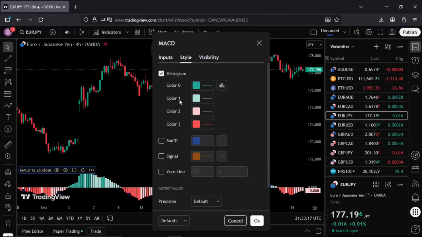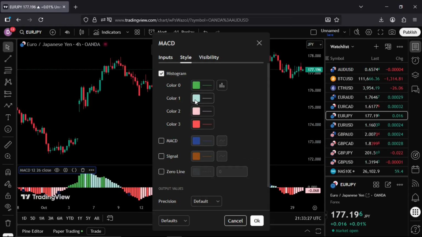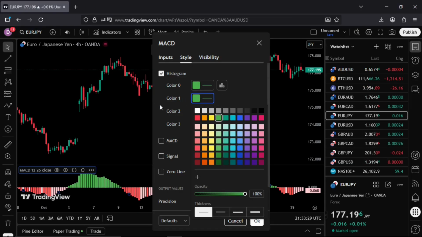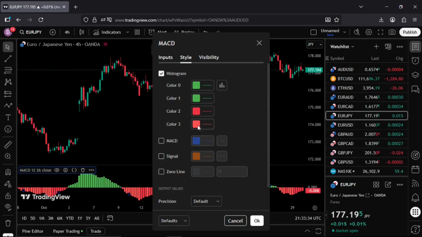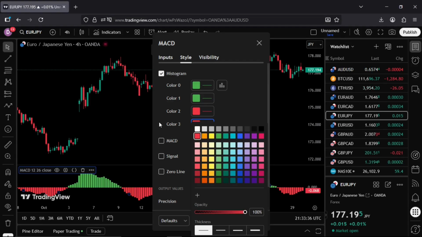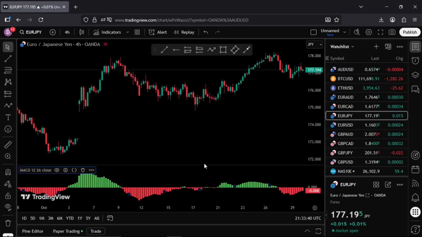What I mean by that is color 0 and color 1 will be the same color, and color 2 and color 3 will also be the same color. So I'll change this to green, and this to green as well. Those are matching now, so let me also change this to red and this to red. Those are the adjustments that you will make on the indicator.